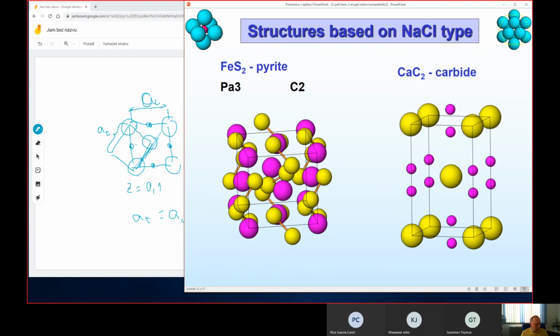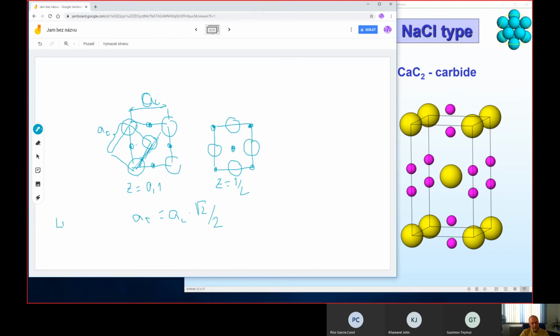There are also other compounds crystallizing in the calcium dicarbide structure. It is lanthanide dicarbide, which is surprising because lanthanum is 3+, and the acetylide or dicarbide is 2-, so there must be some compensating electrons. So this structure is in fact metallic due to different charges here and here.